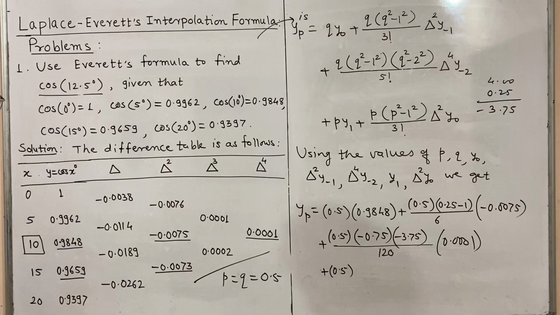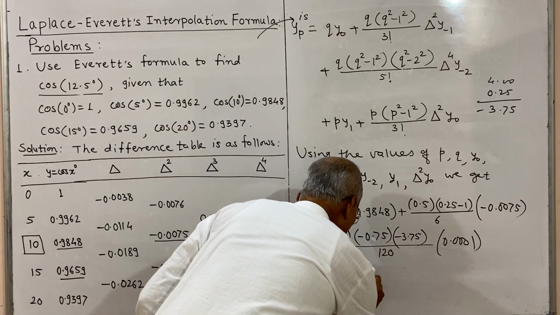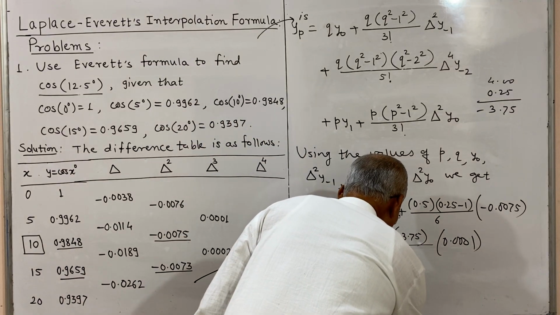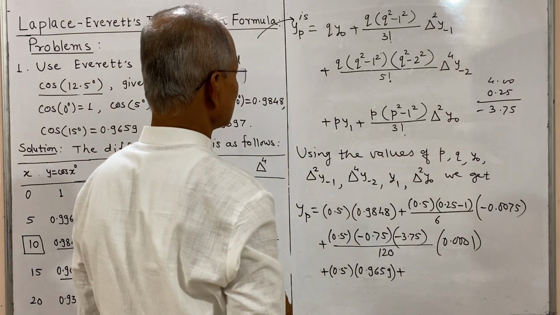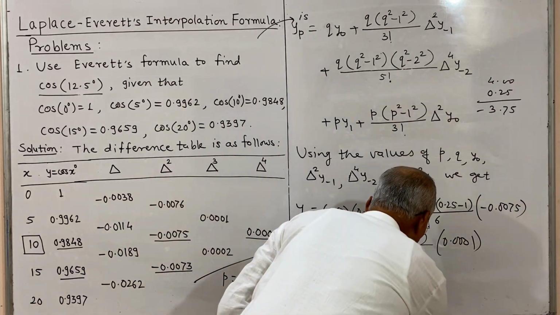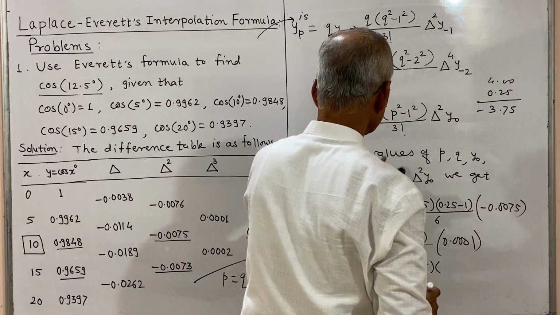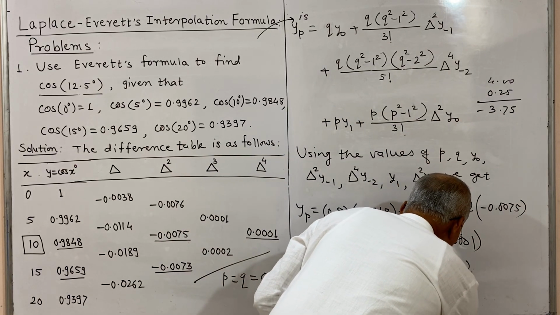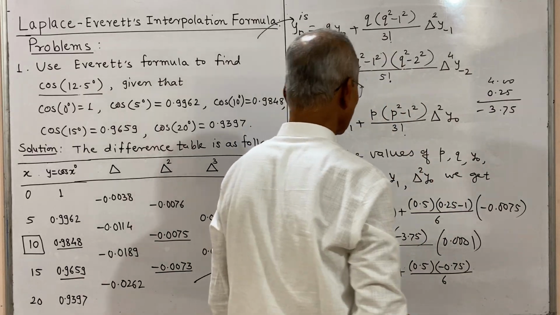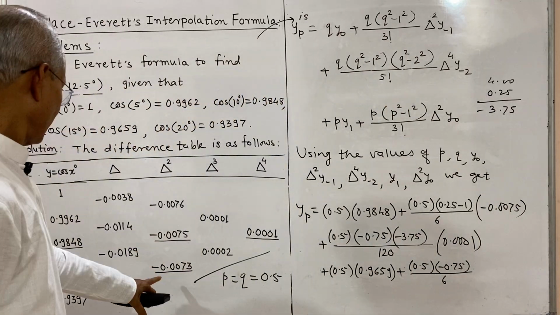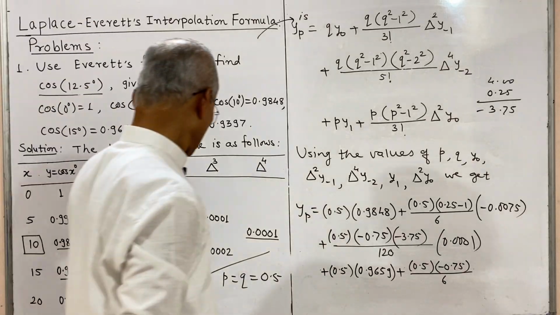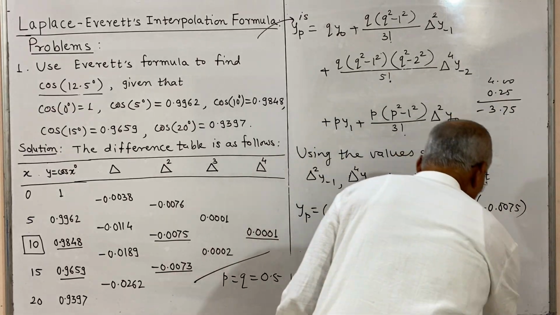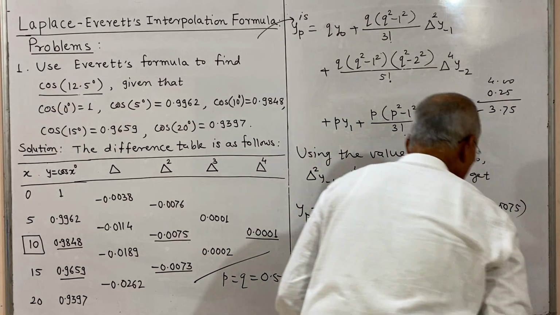It is p into y1, and y1 is 0.9659, plus, and this value is p, 0.5, p square 0.25 minus 1, 0.75 divided by 6, that is 3 factorial, delta square of y naught, and that value is minus 0.0073. So this is to be noted.